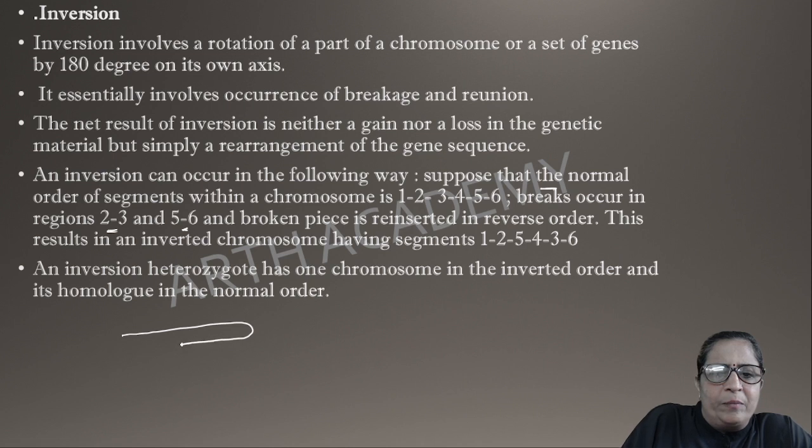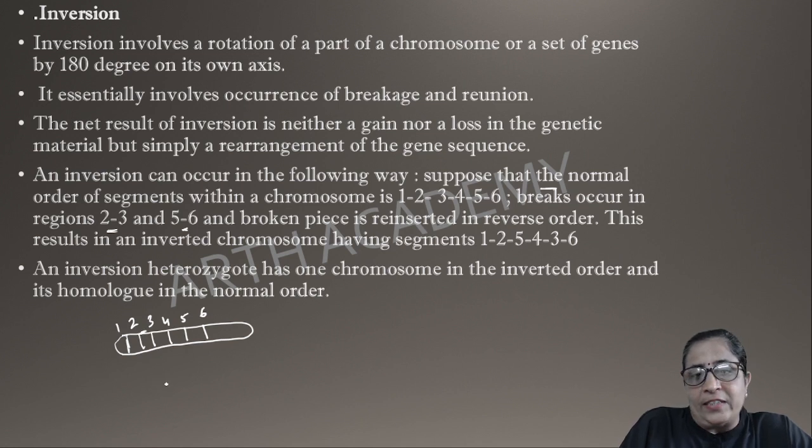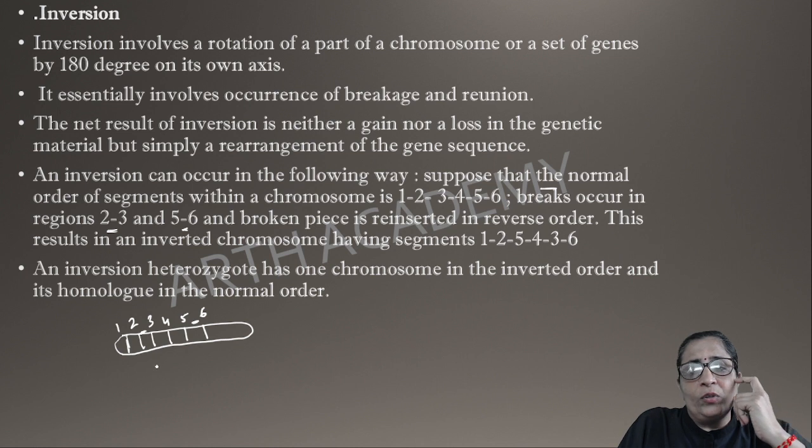Now I am making a rod like structure there. ये normal order है. And the break occurs in region 2, 3 यहाँ पे and 5, 6. सो क्या हो जाएगा, 2, 3 बोला और 5, 6 बोला है, ब्रेकेज यहाँ पर हो रहा है, यहाँ पे और यहाँ पे, isn't it?